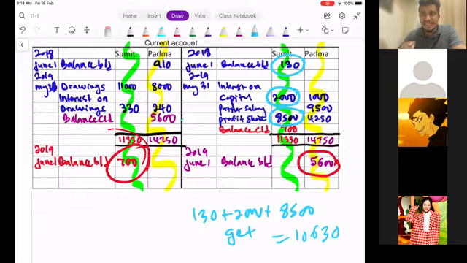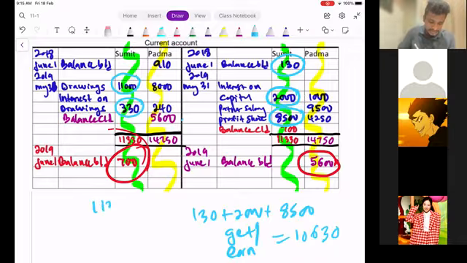He earns 10,630. But how much money did he withdraw? I'm talking about Sumit. He withdrew 11,000, and somehow we also charge the guy 330.